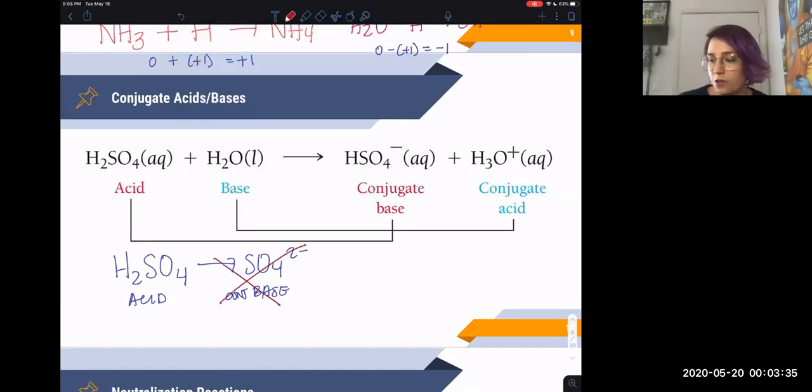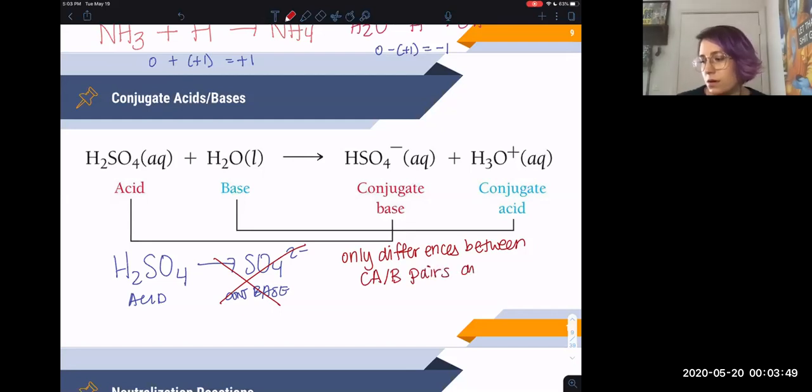The only difference between correct conjugate acid-base pairs is one H and one charge. Only one.